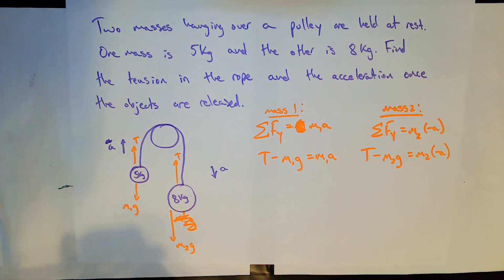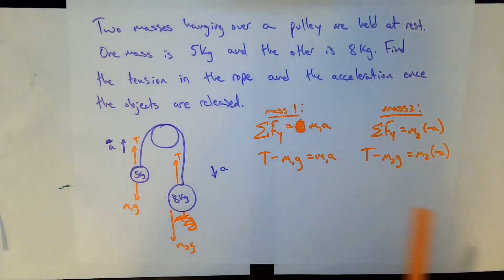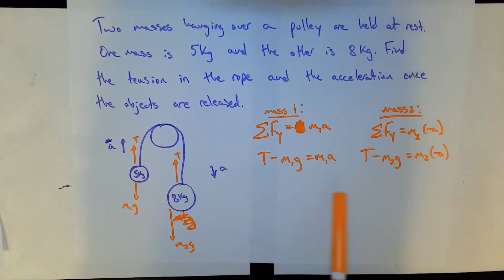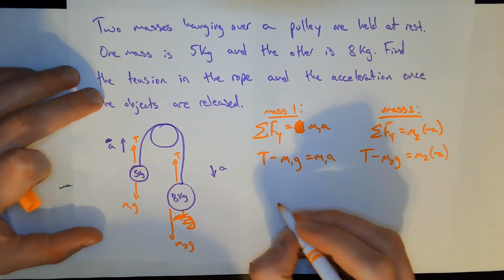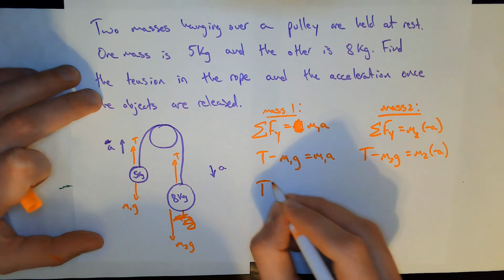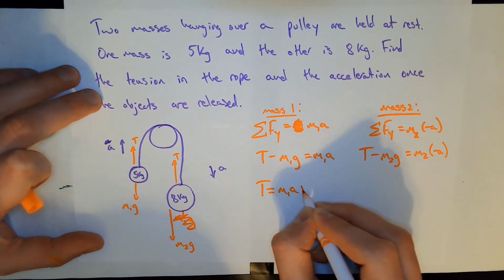And now notice that I have two equations with two unknown variables. I have an unknown tension force and I have an unknown acceleration. So I can make a system of equations, if that rings a bell, which we've done. I'll solve for T here. T is equal to M1A plus M1G.